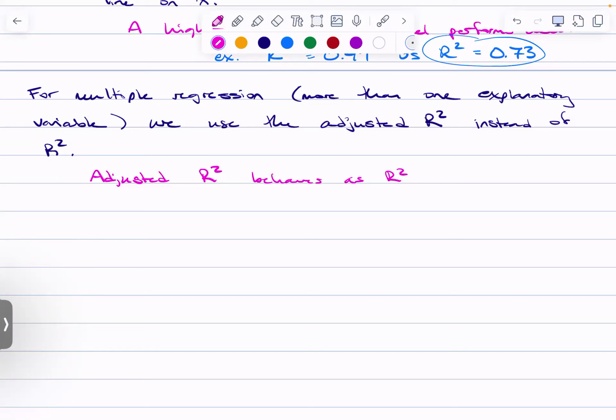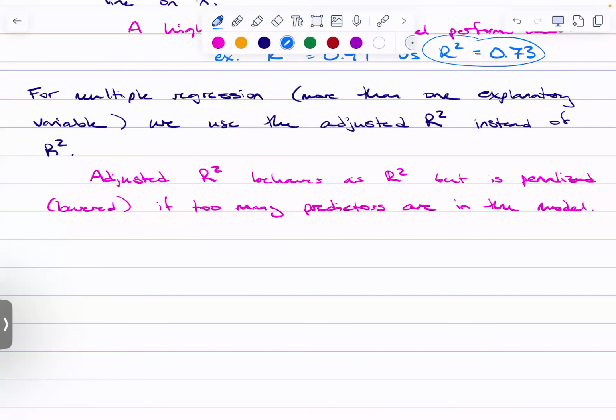So the adjusted R squared behaves as R squared, but is penalized, which means lowered, if there are too many predictors in the model, right?